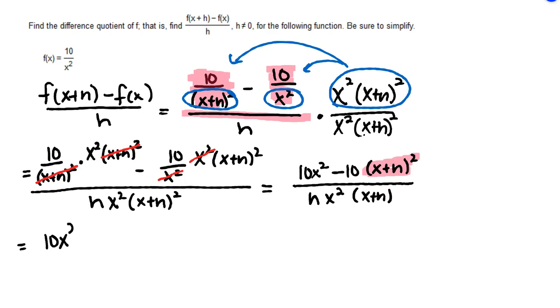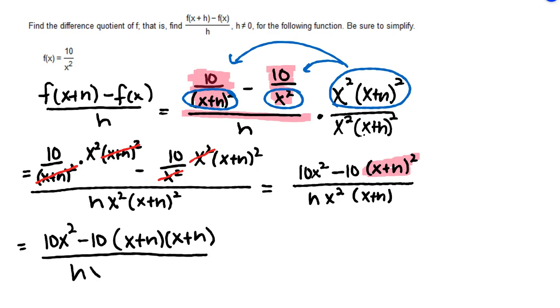So that's 10x squared minus 10 times (x plus h) times (x plus h) over h x squared (x plus h). And I made a mistake here, left off a squared.